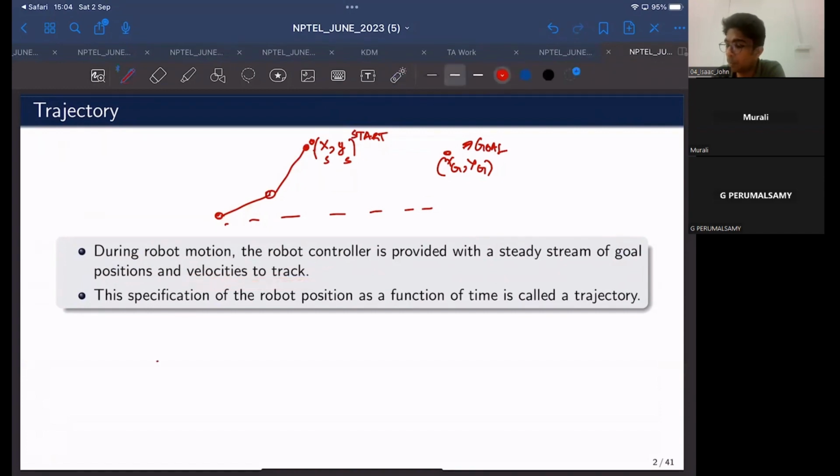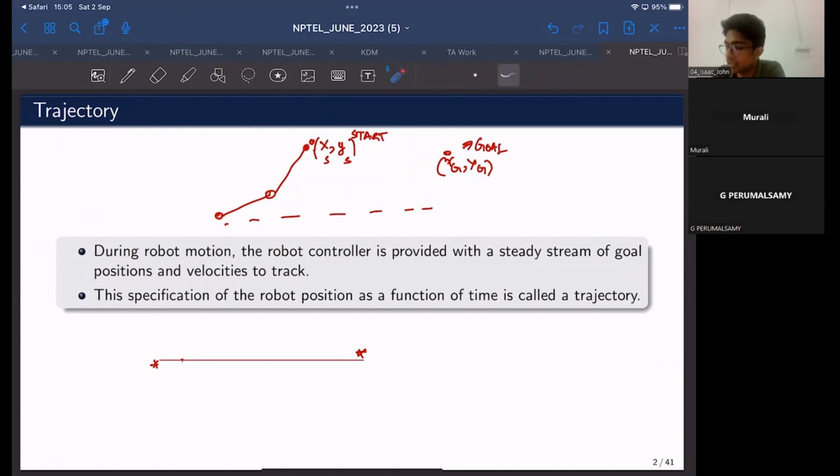So if you are given a path, the important thing is not only that you have to track a path from a start position to the end position, but you'll also have to track how much distance you would be traversing in a given time. So velocities also mostly come into the picture.